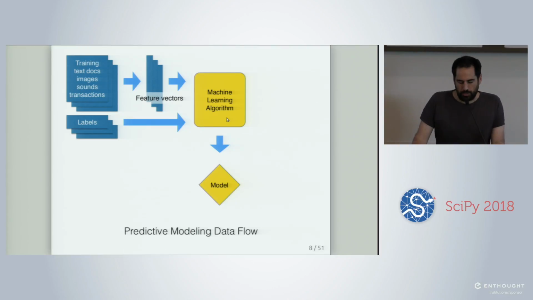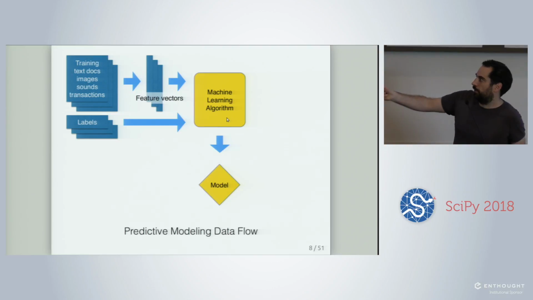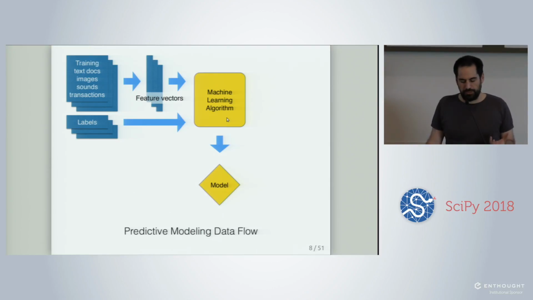So the general data flow that we use for predictive modeling is to start from some original historical records. Depending on the domain of application, the original data representation can be very different from time to time.